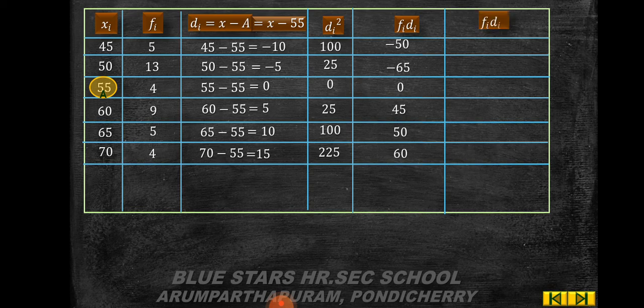Next, you have to find fi di square. So, fi di square is 5 into 100 is 500, 13 into 25, 325, 4 into 0 is 0, 9 into 25, 225, 5 into 100, you get 500, 4 into 225, you get 900.